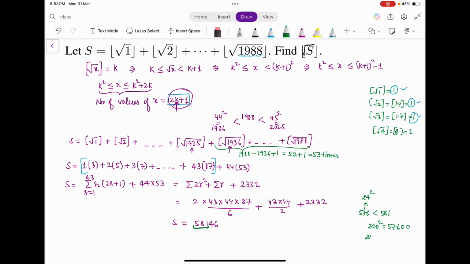Then let's do 241 square. 241 square would be 58081. It's still less than S. So 242 square. 242 square will be 58564. So definitely my S value is lying somewhere in between. All right, so what will be the greatest integer value of the square root of S? 241. So that will be your answer.